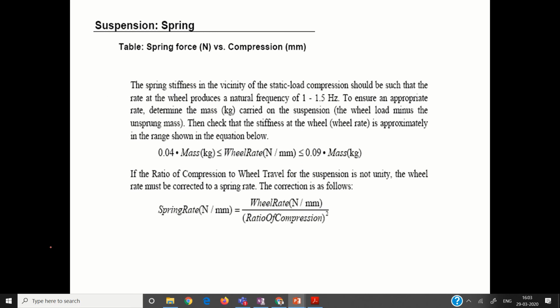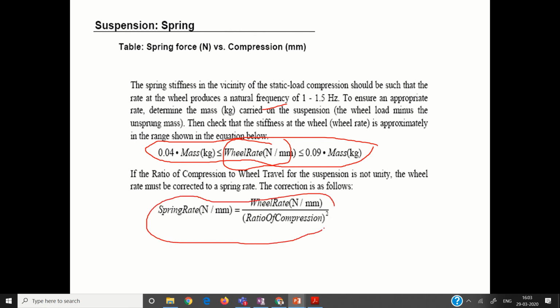So to achieve that 1 to 1.5 hertz frequency, there is a thumb rule. It is better we should have the wheel rate value within this range and the spring rate value is this.